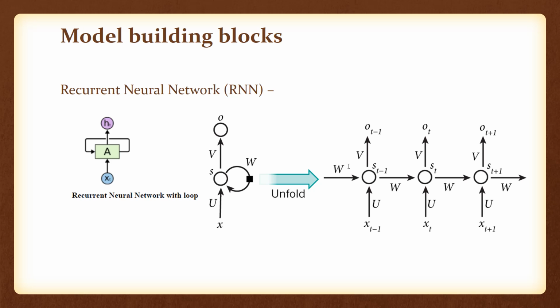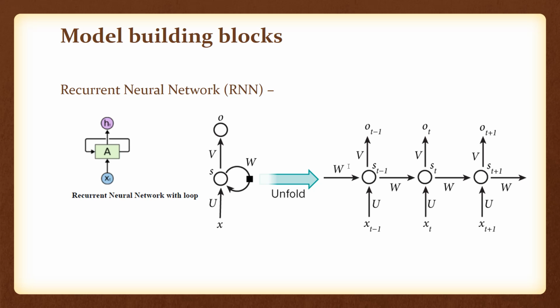To understand it in an easy way, we can think of it as a network unfolding in the time dimension. On the right side, you can see three building blocks of this recurrent neural network, one at each time step. In the middle, there is a neural network having input xt, which is generating output ot.